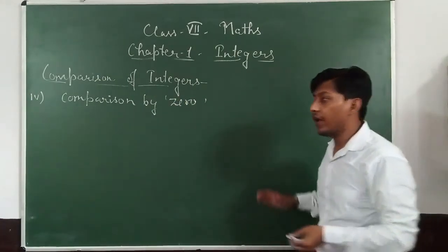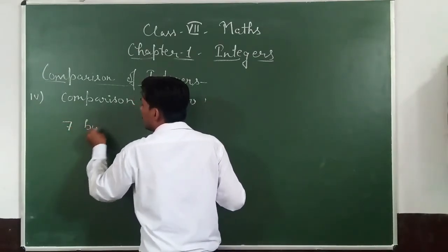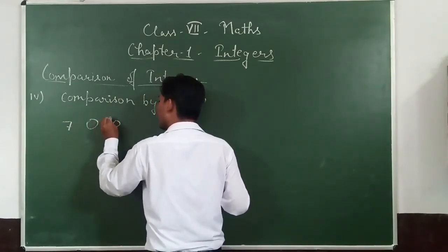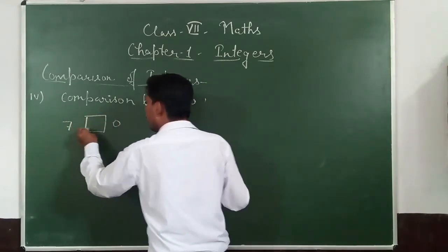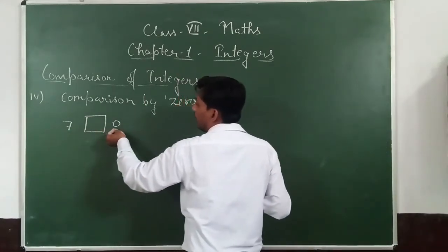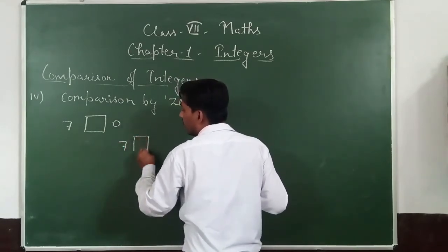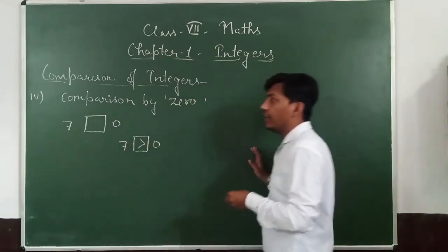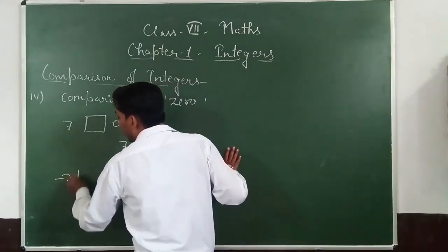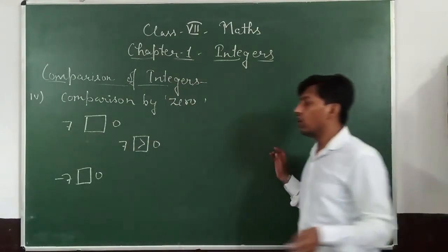When we are comparing a positive integer with 0, like 7 with 0, we know that 7 is greater than 0, so 7 will be greater. And when we are comparing a negative integer with 0, like -7 with 0, 0 will always be greater.